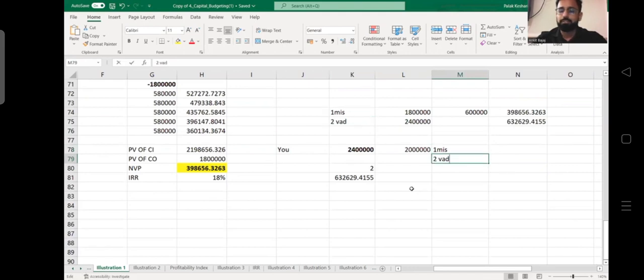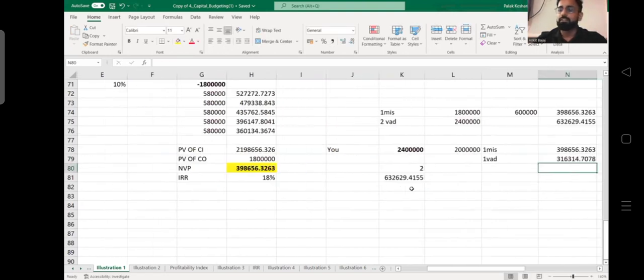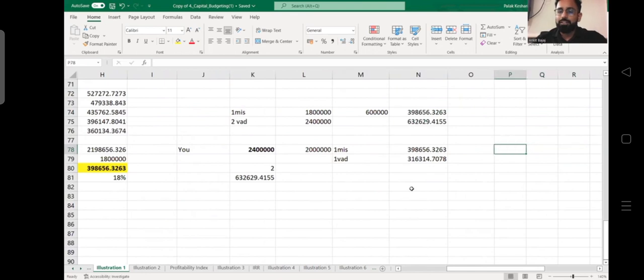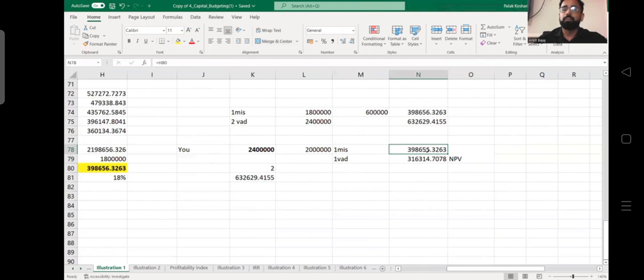Now, if you start one Misal Pav business, you will be able to earn 3,98,000, and in the second case you will be able to earn 3,16,314 rupees. So in this case, which method will give you a better result? Obviously NPV, right? Because there is a cash constraint. So here we will be using NPV, and we will choose the business whose NPV is higher, right?